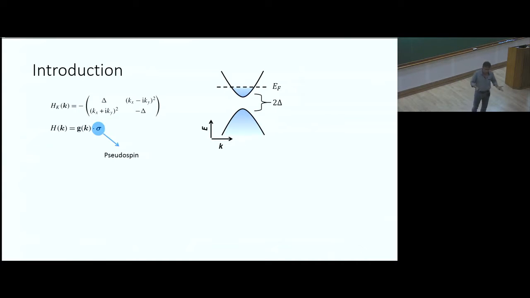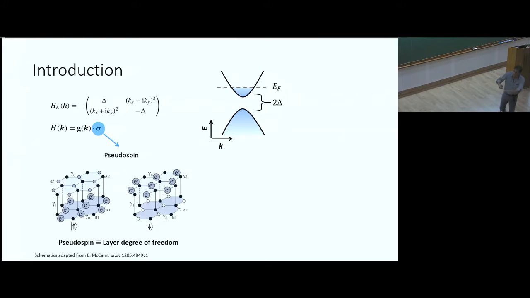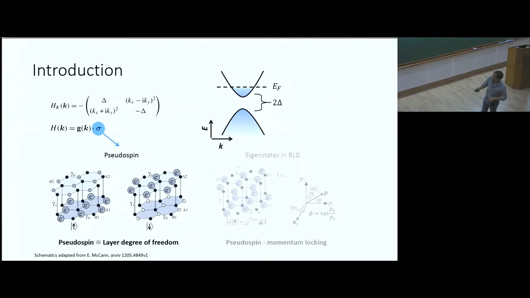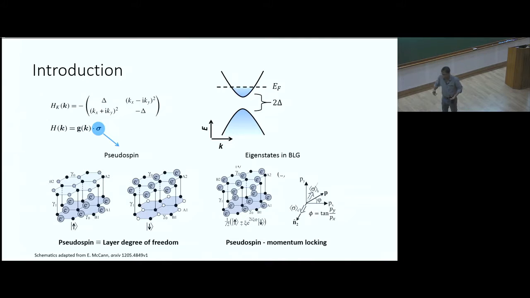But here, the pseudospin that one is talking about is not the two sublattices, like in the case of single layer graphene, but it's the layers, because the system exists in two layers. The low energy Hamiltonian is formed by an electron in the upper plane and the lower plane. So you have a pseudospinor, essentially, and the eigenstates are a superposition of two states in two different layers. So that leads to very similar physics.